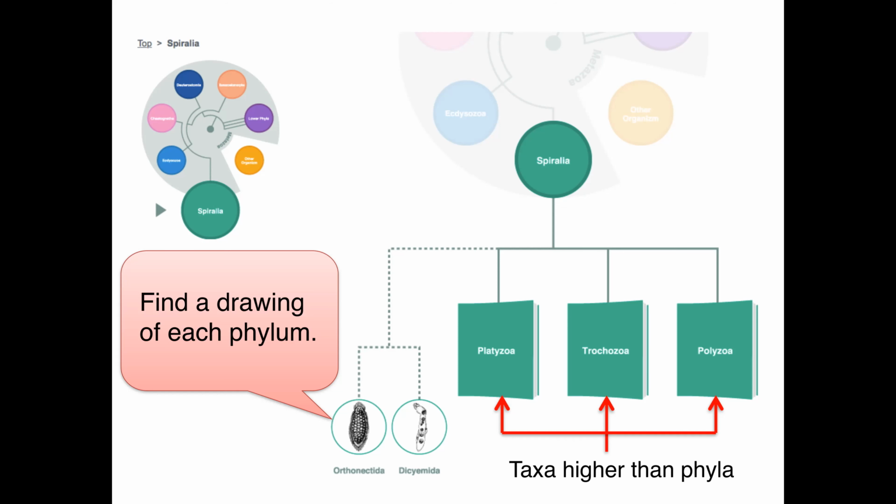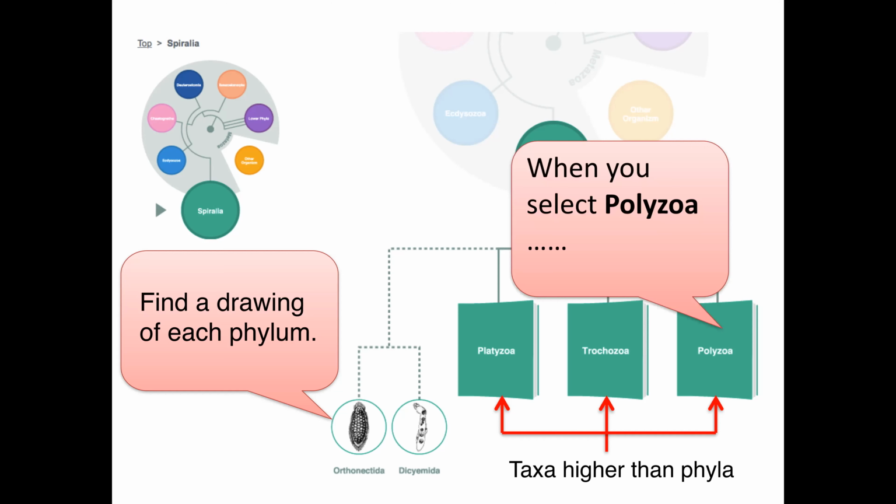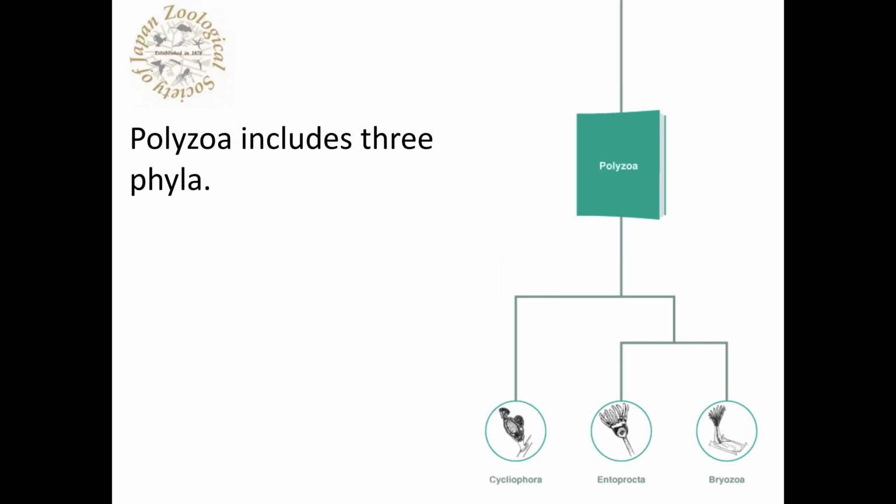But there are also three taxa higher than phyla, Platyzoa, Trochozoa, and Polyzoa, and because these are still higher than phyla, we don't have a representative drawing for them. When you select Polyzoa, this brings you down the tree further, and it shows you three different phyla inside Polyzoa: Cycliophora, Entoprocta, and Bryozoa.